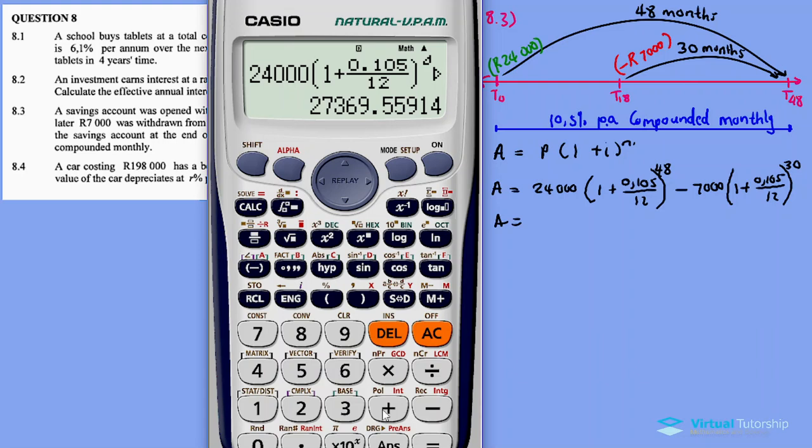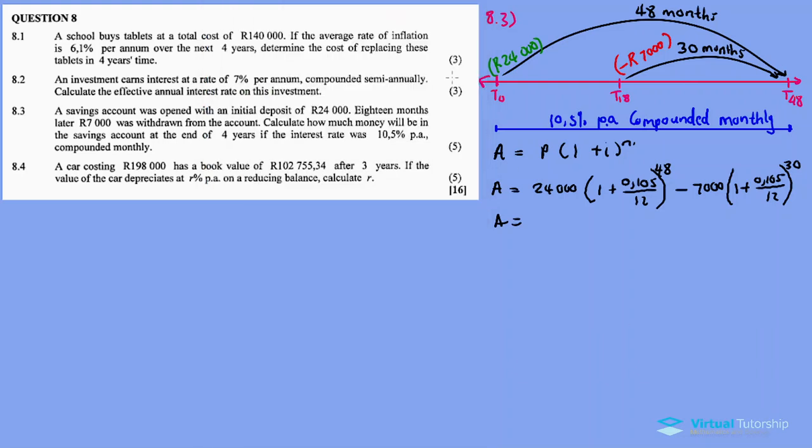This is equal to 27,369.56 cents. 56 cents. This is our final answer for 8.3.